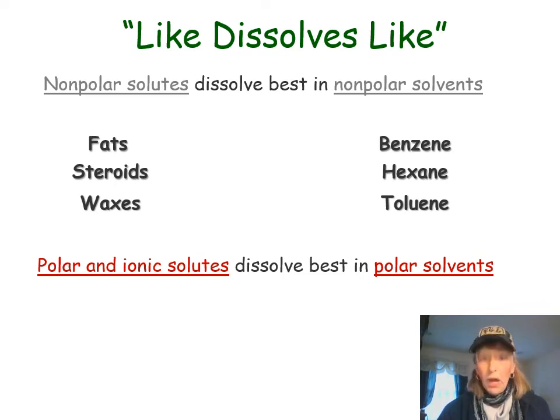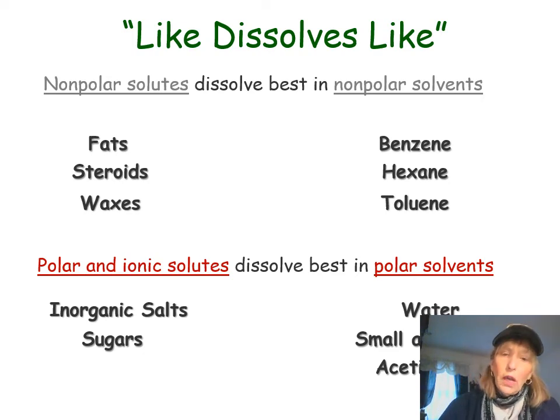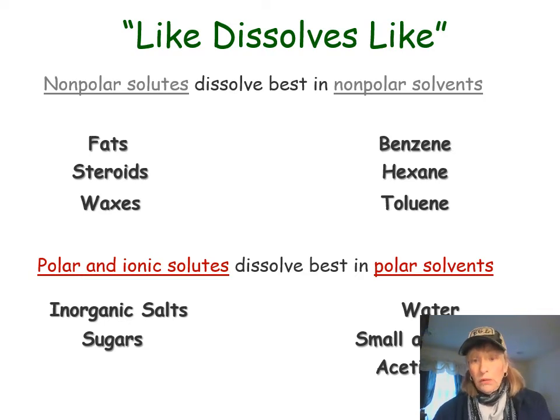Some examples of polar and ionic solutes: inorganic salts, any of those ionic compounds, that's what we're talking about. And sugars. Sugars are polar. They have polar bonds. So inorganic salts and sugars, they're going to dissolve in polar solvents. Who are some polar solvents? Water, small organic molecules, and acetic acid.